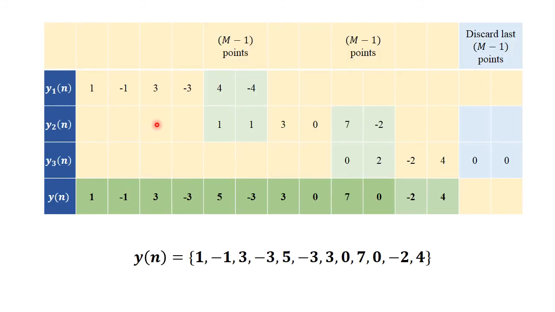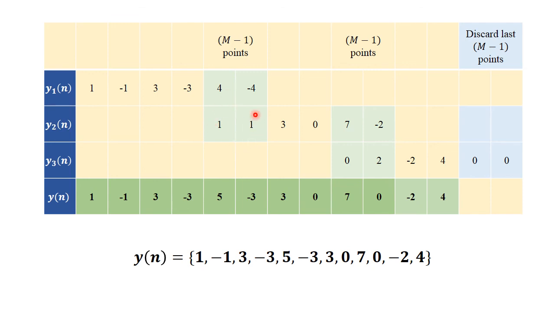Now coming to the final step. So y1, y2, y3 are being considered, and as per the procedure, the first sequence last m minus 1 points, that is m value is 3, 3 minus 1 is 2. So first sequence last m minus 1 points or last 2 points must be overlapped on its next sequence first m minus 1 points.